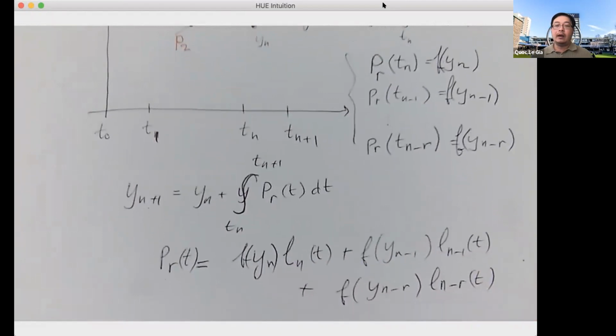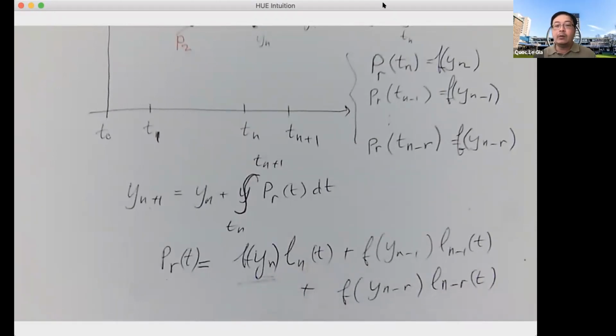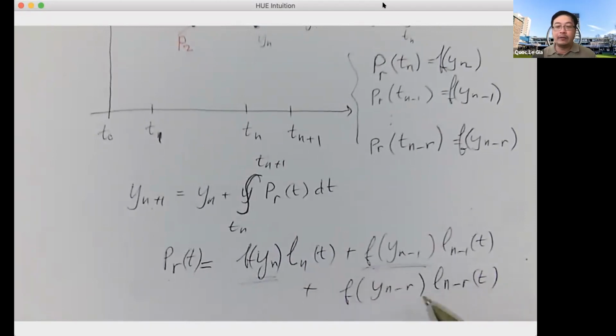Okay, and then you see, this is known, because your yn you computed already, it's a numeric value. The function f is known. So what you need to do is just compute the integral of the Ln.